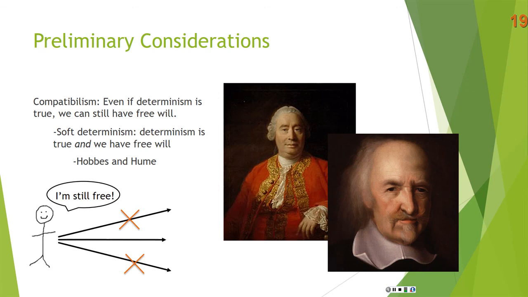Compatibilism is at the level of the hypothetical, whereas soft determinism is at the level of what's actual. It's actually true that we're determined, and it's actually true that we're free. So David Hume and Thomas Hobbes both were compatibilists. They believed that determinism and free will were compatible with each other.